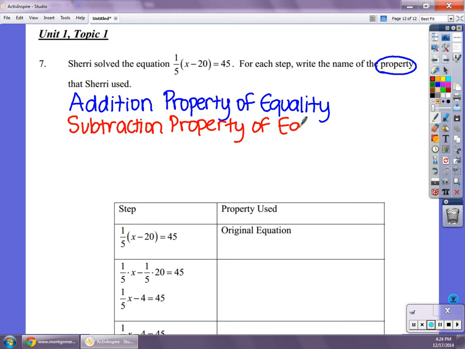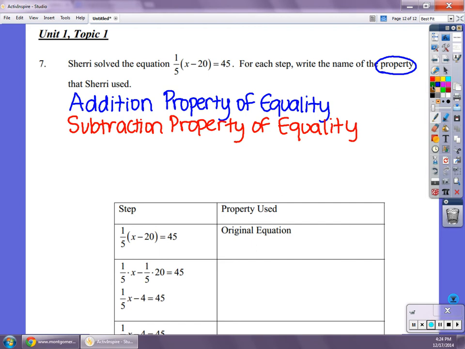And all that property of equality means is, remember when we solve an equation, that golden rule of algebra tells us that what I do to one side, I must do to the other side. So if I add a number to each side of the equation, I have to make sure it's the same number and that I'm adding it to both sides.